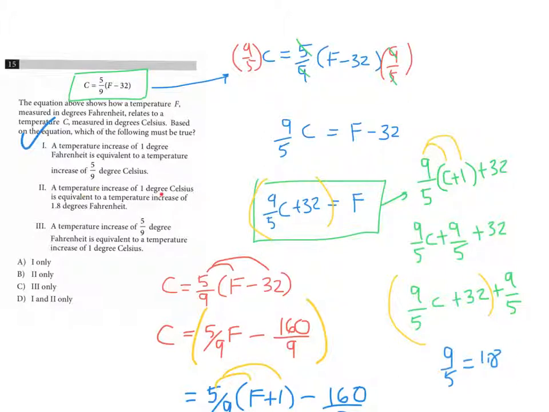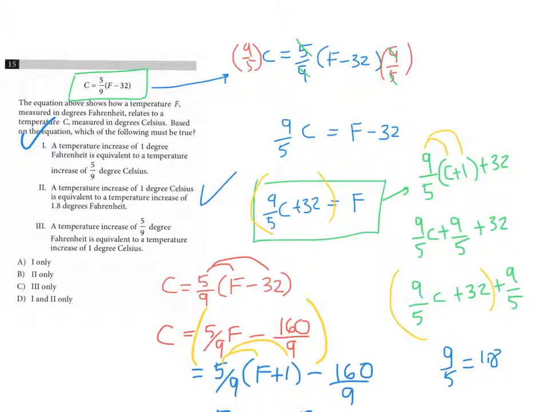When you add 1 degree Celsius, that does result in a situation where you have the original equation only plus 9/5, only plus 1.8. So a 1 degree increase in Celsius does indeed result in 1.8 degrees Fahrenheit. Hopefully that makes sense. Okay.